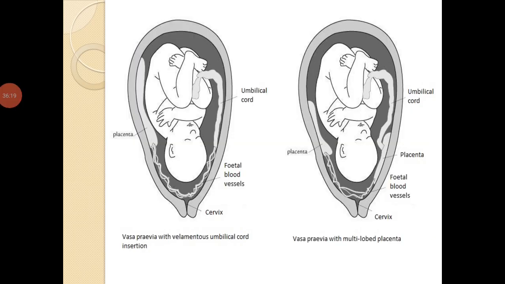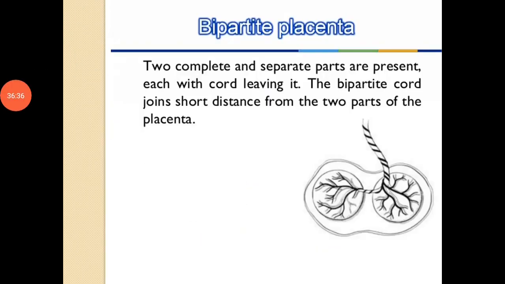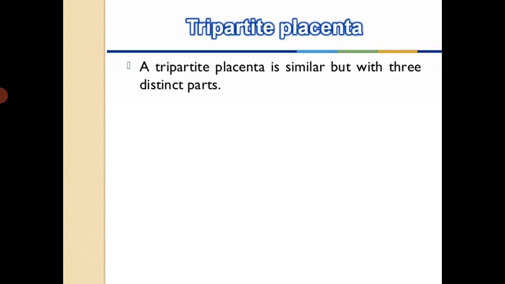Then vasa previa, vasa means vessels, previa means lower, where the blood vessels of the umbilical cord or placenta will be below the presenting part. Then bipartite placenta and tripartite placenta.